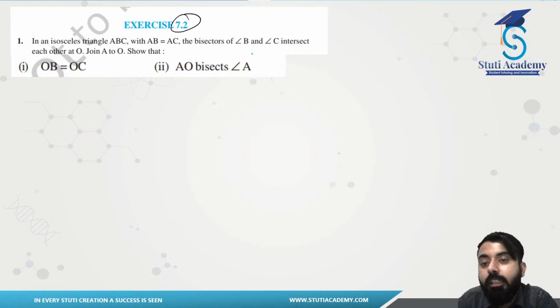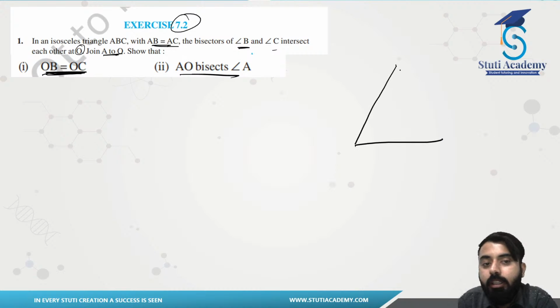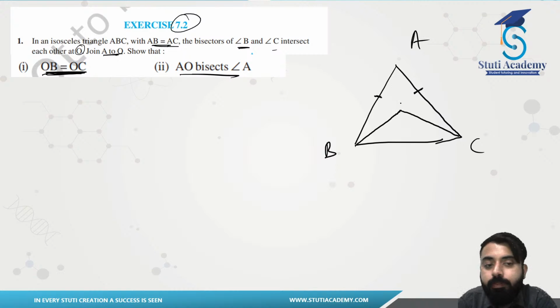In an isosceles triangle ABC, AB is equal to AC, bisectors of angle B and angle C intersect each other at O. Join A to O and show that OB is equal to OC, and AO bisects angle A. Now in this we have an isosceles triangle ABC such that AB is equal to AC, bisectors of angle B and angle C intersect at point O.